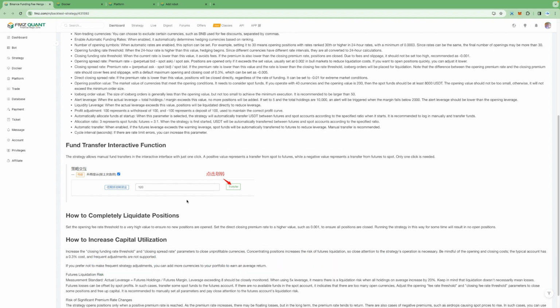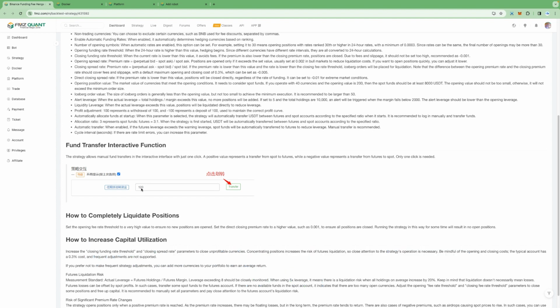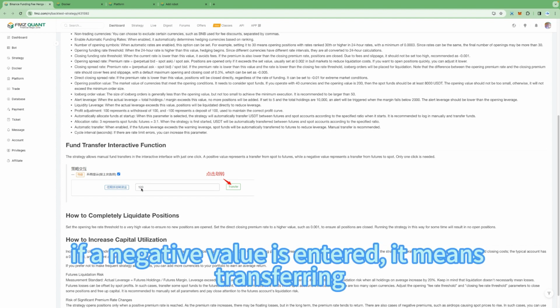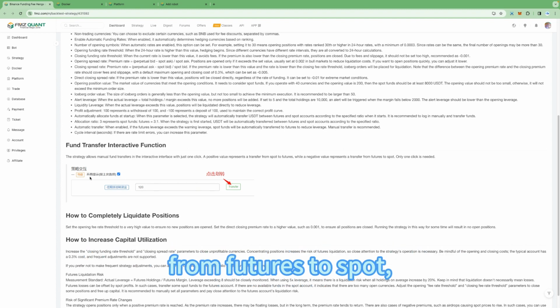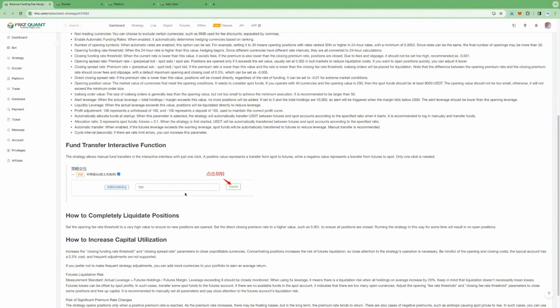If we input a positive value, it represents a transfer from spot to futures. If a negative value is entered, it means transferring from futures to spot, and clicking once will take effect.